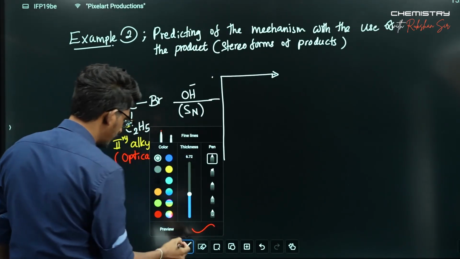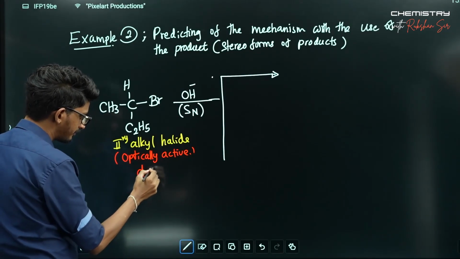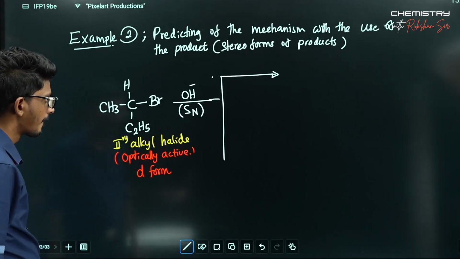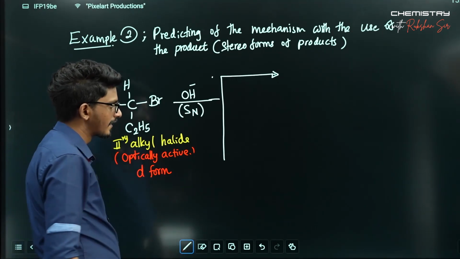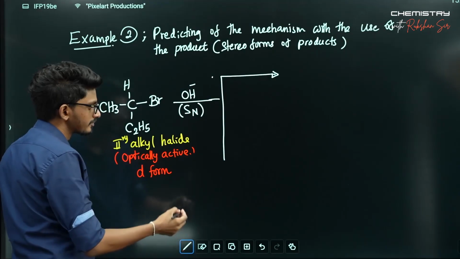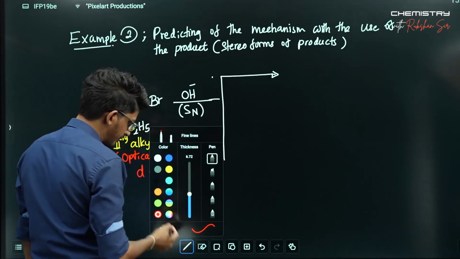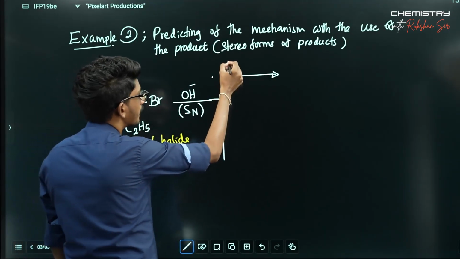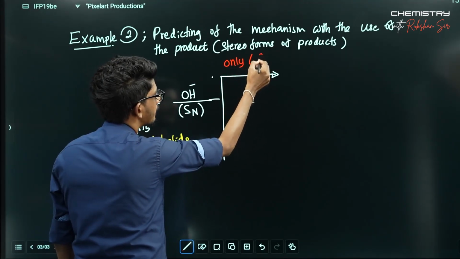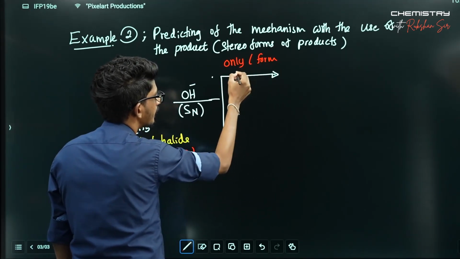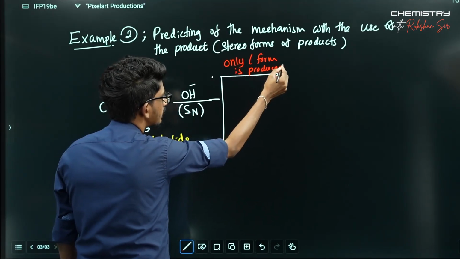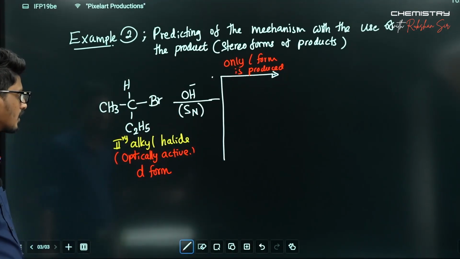Say this is the D form of the optically active compound, and let's assume only the L form is produced. Right? What is the idea?